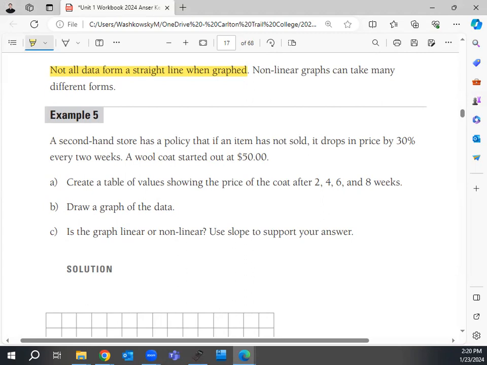I'm having a brain fart right now, but like a liquidation store. You donate something to it, they resell it at a much cheaper price. Yeah, stuff like that. People know what I'm talking about. At least I'm not going crazy. That's annoying me now. I'm going to Google it later.